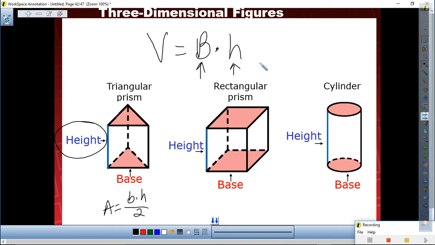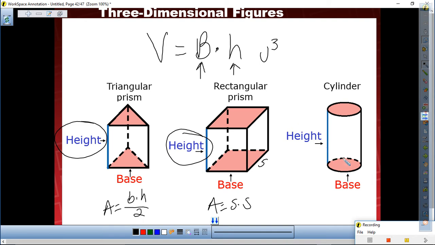And at the end, you multiply that, and whatever it is, units cubed, whatever units they gave you. From there, we look at the next one. We said it's a square. The square is the same side all the way through, so the area is side times side. Once we get that, that goes there. Multiply times the height, and that's how you get your volume.